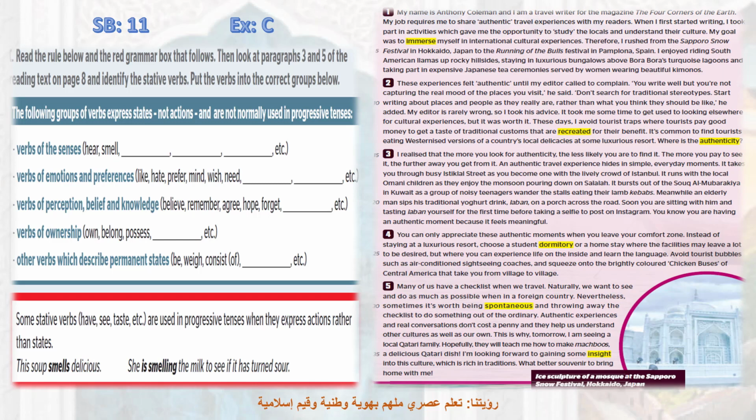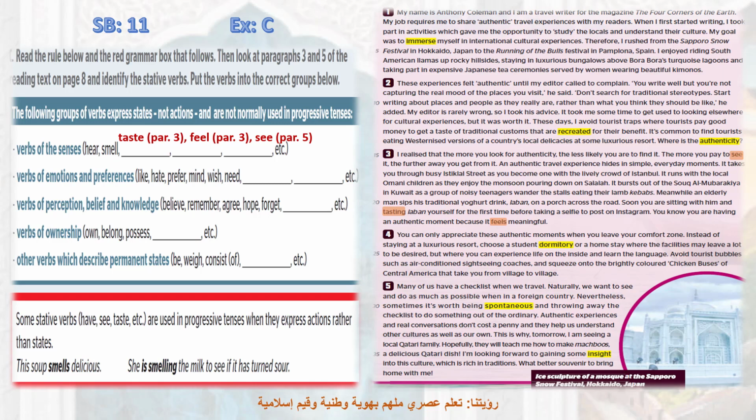Who can spot them? Yes, great. Taste in paragraph 3, feel also in paragraph 3, and see in paragraph 5. They are highlighted here. Look at them. See, taste, feel. Okay?